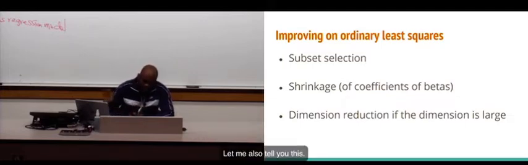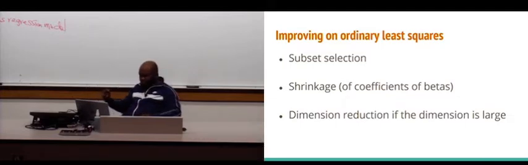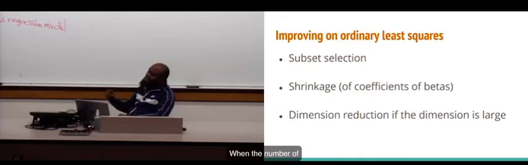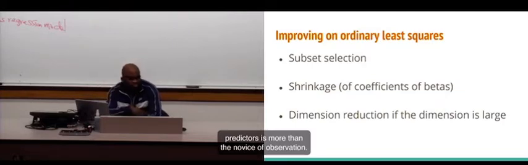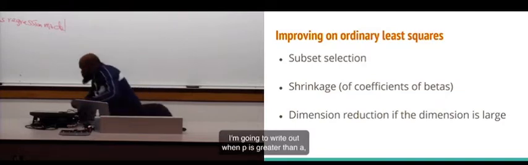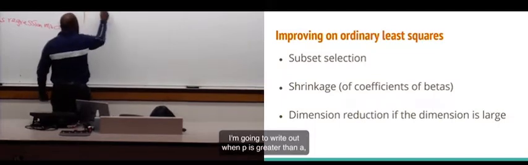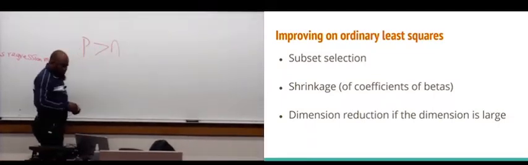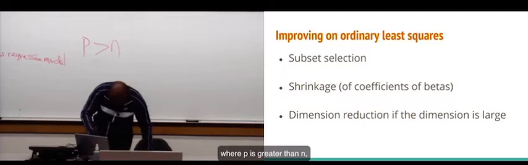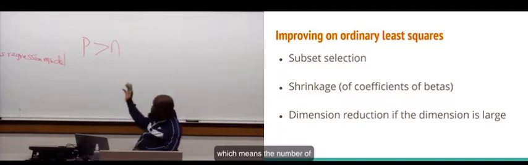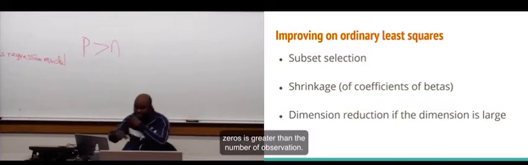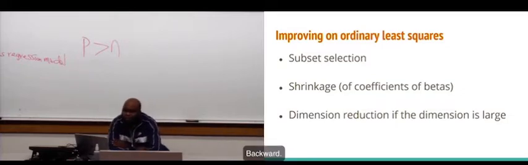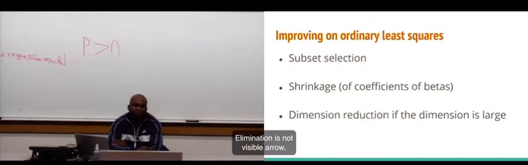And let me also tell you this. When the number of predictors is more than the number of observations, I'm going to write that: when P is greater than N, which means the number of predictors is greater than the number of observations, backward elimination is not feasible at all.